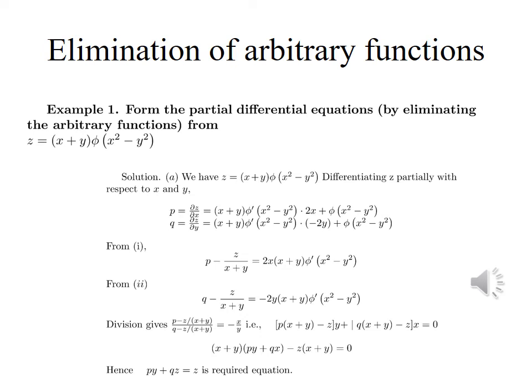So you divide and rearrange, you get x plus y into py plus qx minus z into x plus y equal to 0, that is py plus qx equal to z.